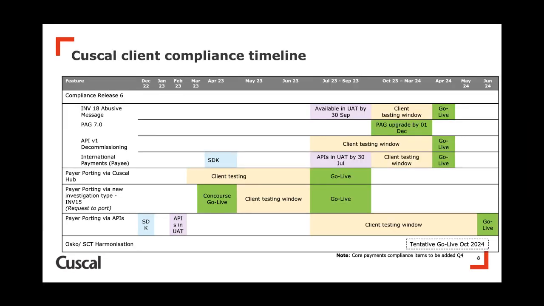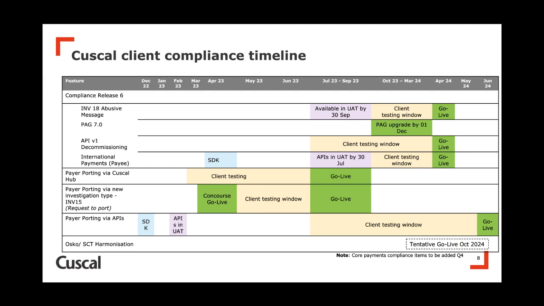But yeah, I just wanted to walk you through the compliance timeline. From a compliance release 6 perspective, the swaggers and the SDKs are available on Cuscal Connect. With regards to core banking systems, most of them are across the IFT rollout.